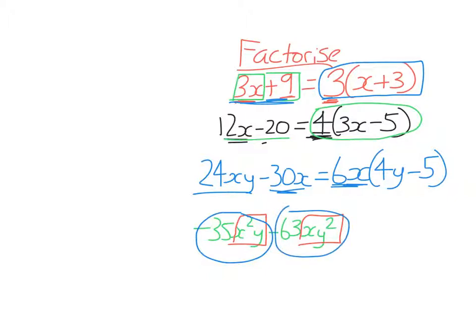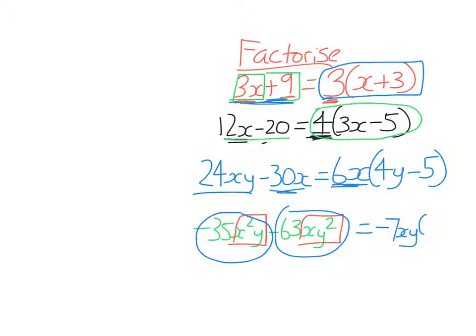So highest common factor. The highest common factor of negative 35 and negative 63. Because they're both negative, we'll take a negative out the front. The highest common factor of 35 and 63 turns out to be 7. So I put a negative 7 there. Now both of them have an x and a y, so we take out xy at the front. That's the highest common factor, negative 7xy.